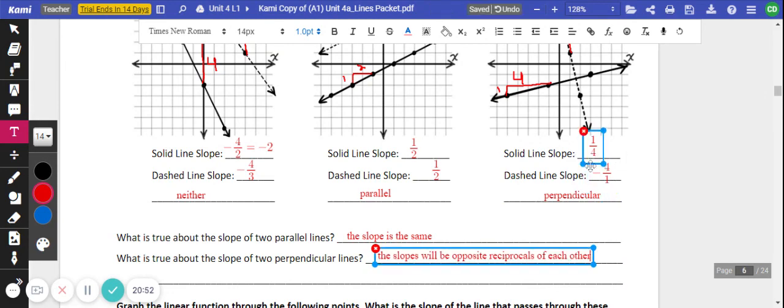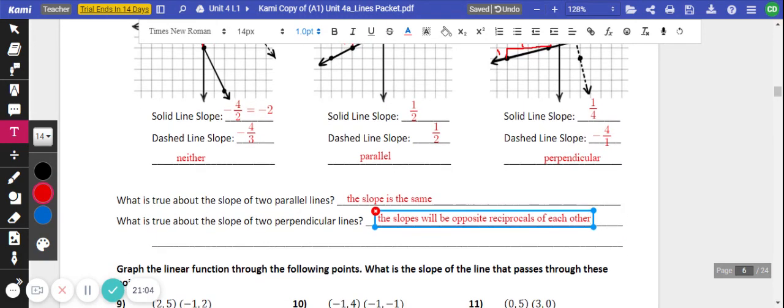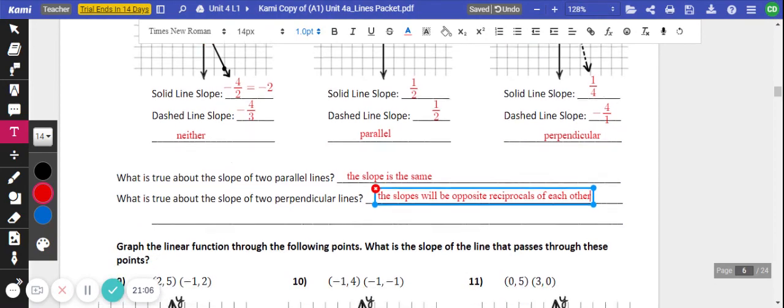And opposite signs and then reciprocals means I'm going to be flipping the fractions. So opposite reciprocals, opposite signs and flipping the fraction for those perpendicular slopes.